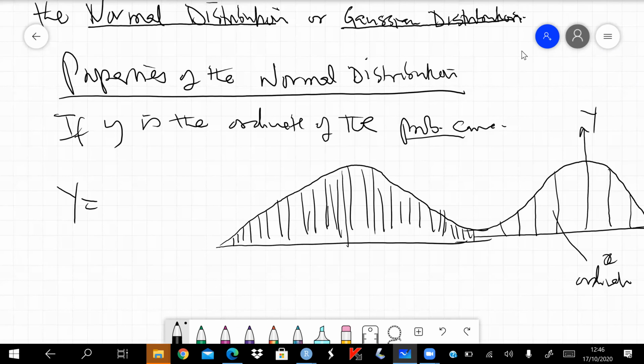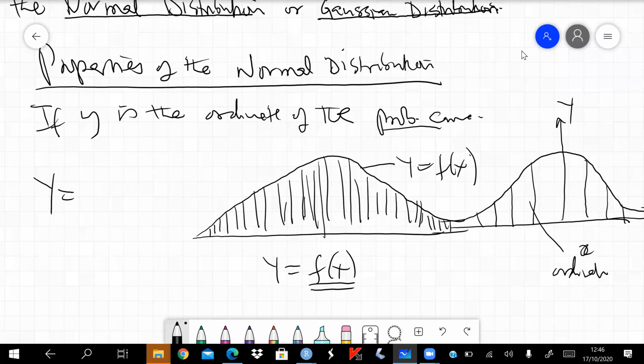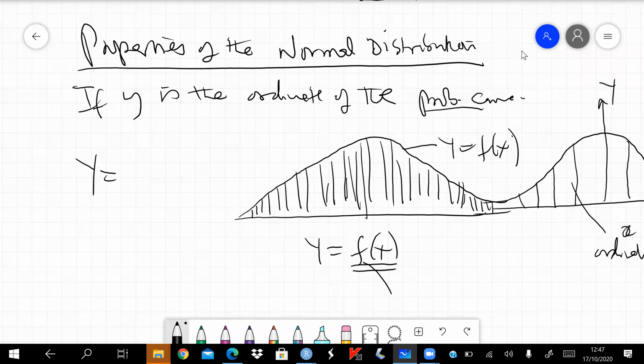I hope you are aware that when you have something like this, it is read as y is a function of x. So this is a formula that gives y. But now I want to avoid using letter f, and I replace it with another Greek letter called phi. But the meaning does not change. So this just means that y is a function of x.